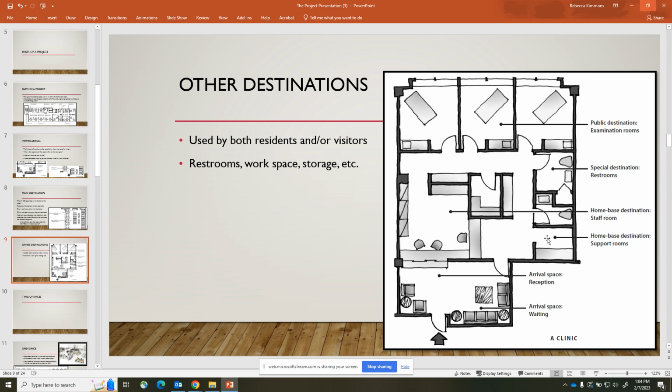And then storage is another one. And things like your staff room, it's not your main destination. The main part of this clinic is to get them to the exam room, but it's important to understand what the staff needs to support as visitors are moving from the waiting reception into the main destination, and understanding how those work together and what they need helps you as you lay out the space.